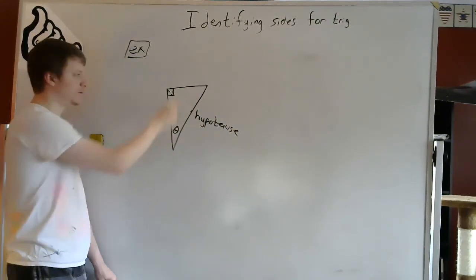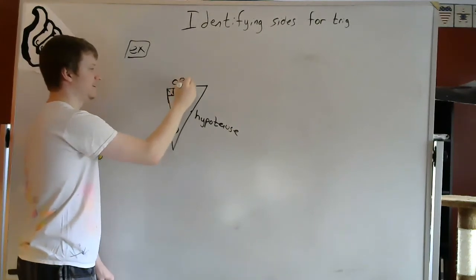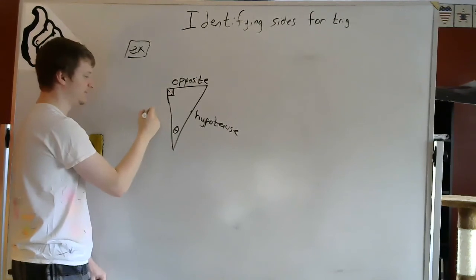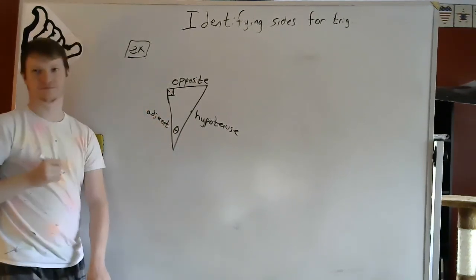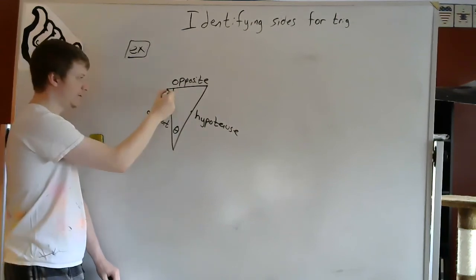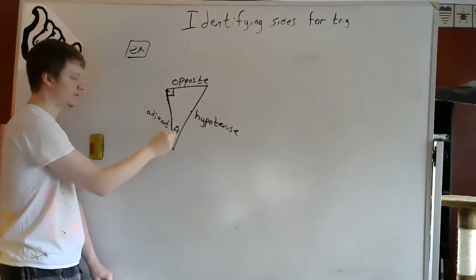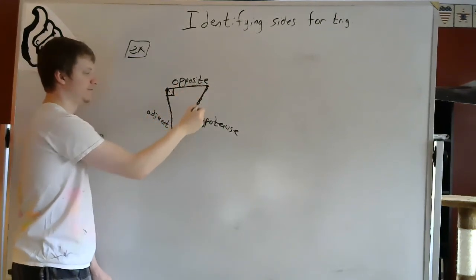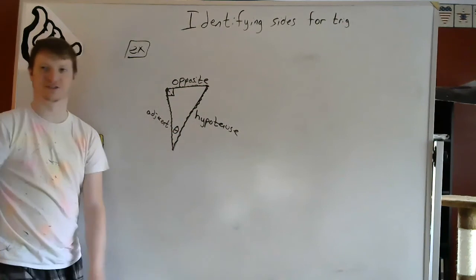Opposite the angle is opposite. And right next to the angle is adjacent. So this side here on the left is my adjacent side. The top side is my opposite side. And of course, the hypotenuse is still the hypotenuse.